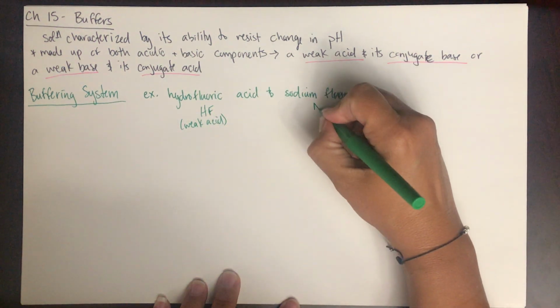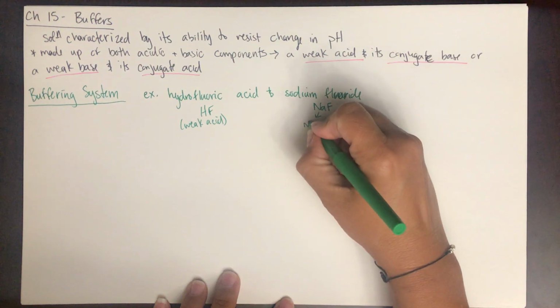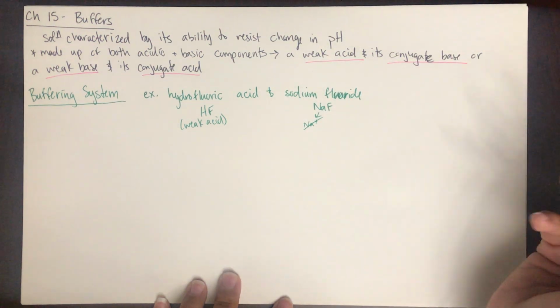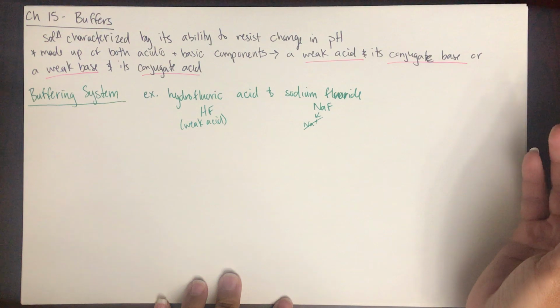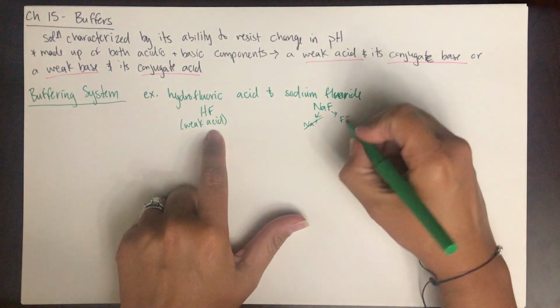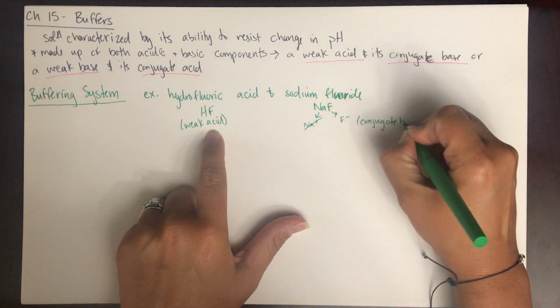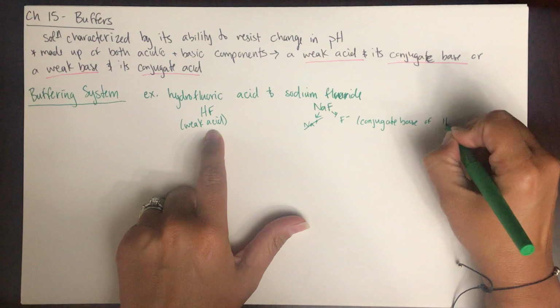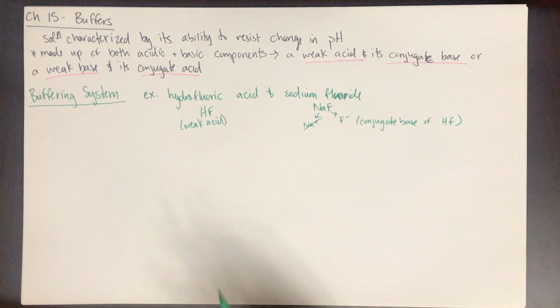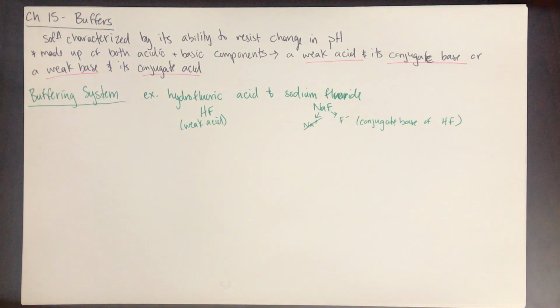And sodium fluoride, NaF, we know the sodium is neutral because it's the conjugate of a strong base. And this fluoride ion is the conjugate base of hydrofluoric acid. So this would be an example of a buffering system. A buffer could be made up of a solution that contains both hydrofluoric acid and sodium fluoride.